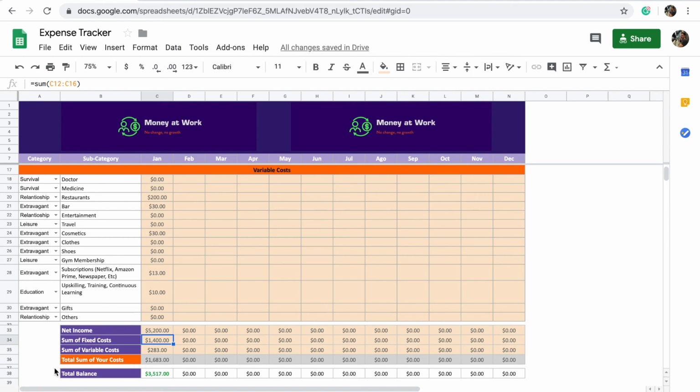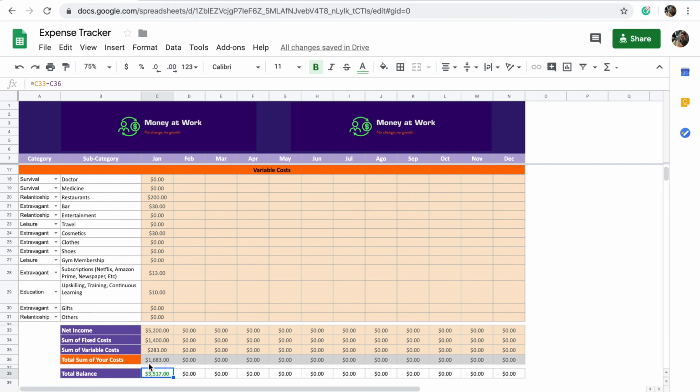It means that the sum of my costs was 1,683, and my total balance was 3,517 positive. Why? Because the total balance is the net income less these two types of costs.